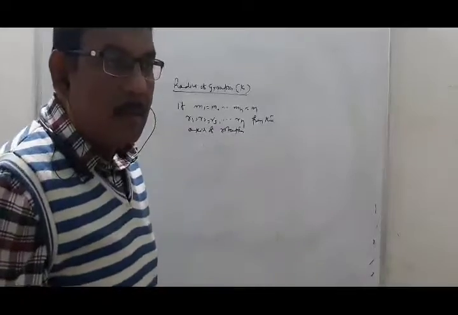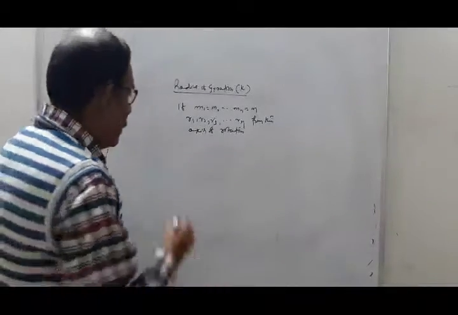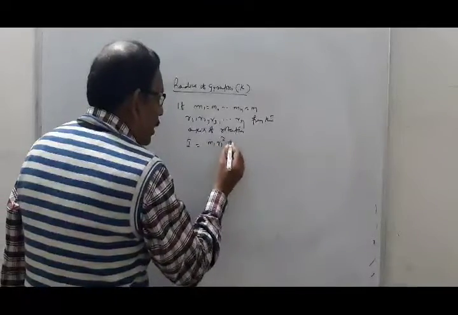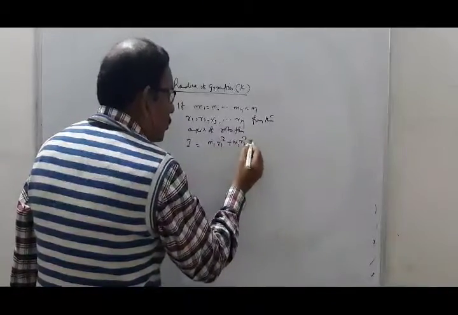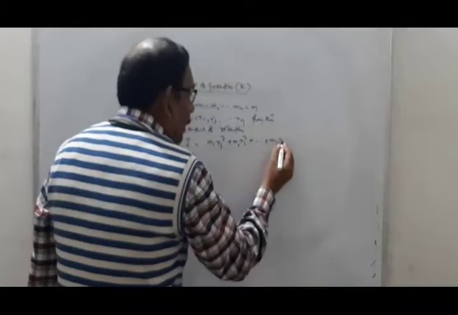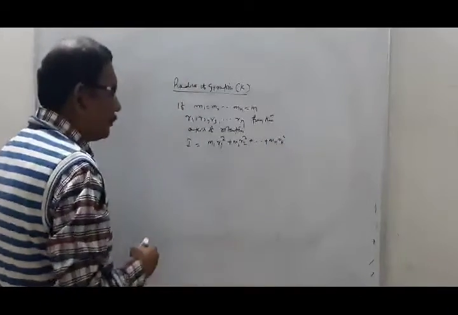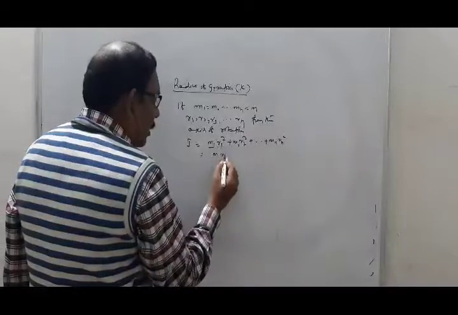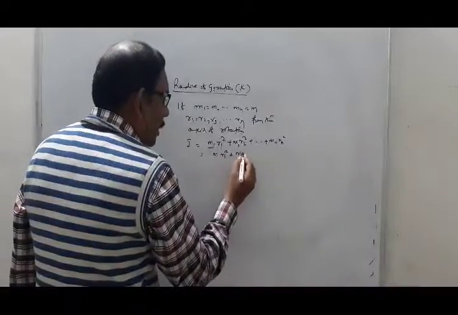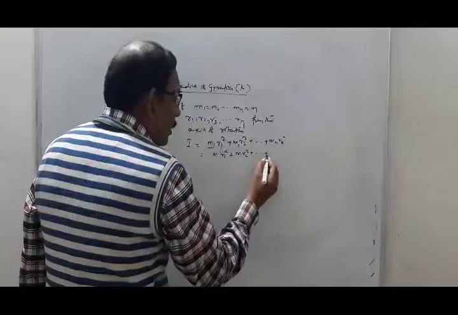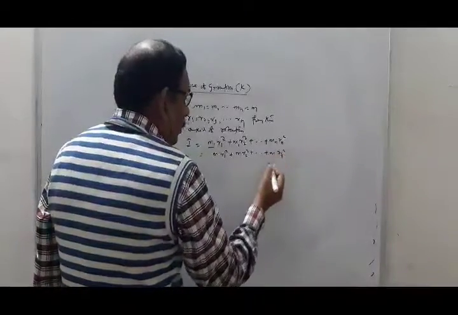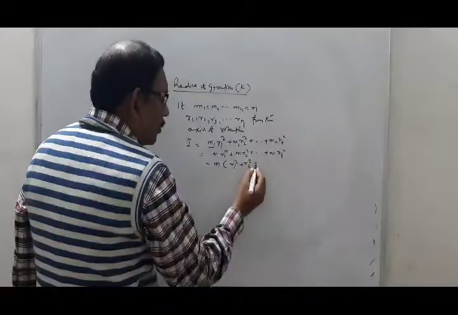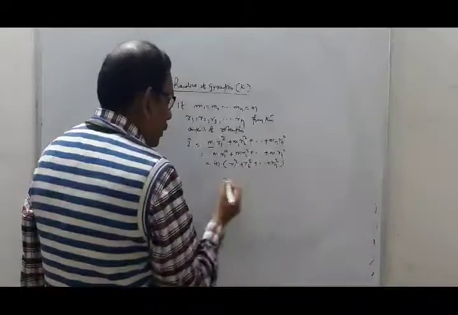So what is the value of the moment of inertia now? Look here. I is equal to m1 r1 square plus m2 r2 square up to mn rn square. Put m in place of m1, m2: m r1 square plus m r2 square plus m rn square. Take m common: m times r1 square plus r2 square up to rn square.